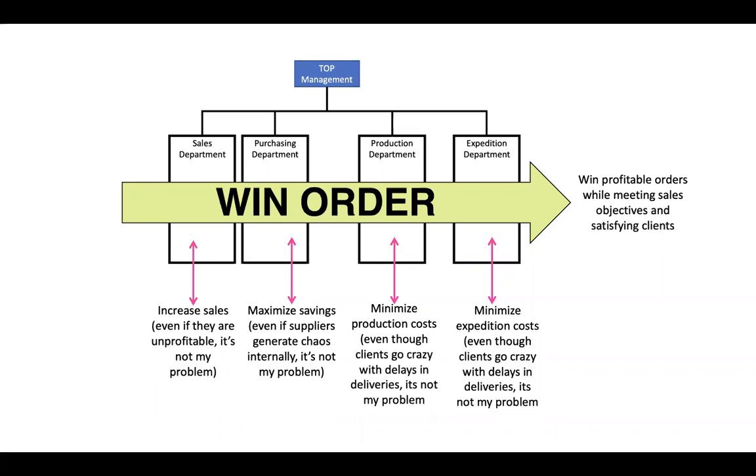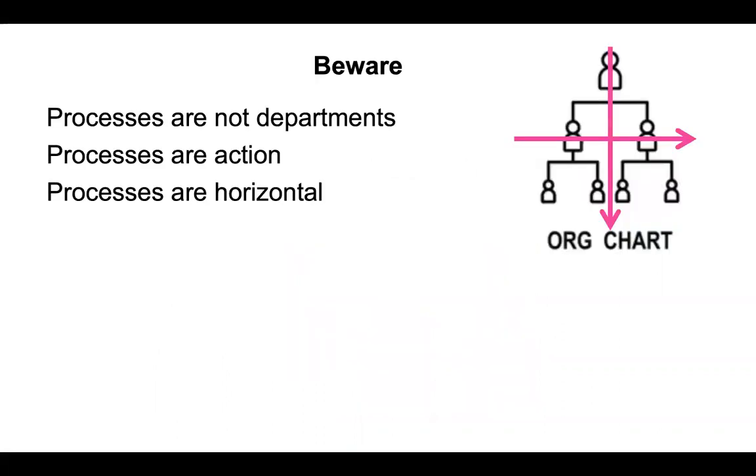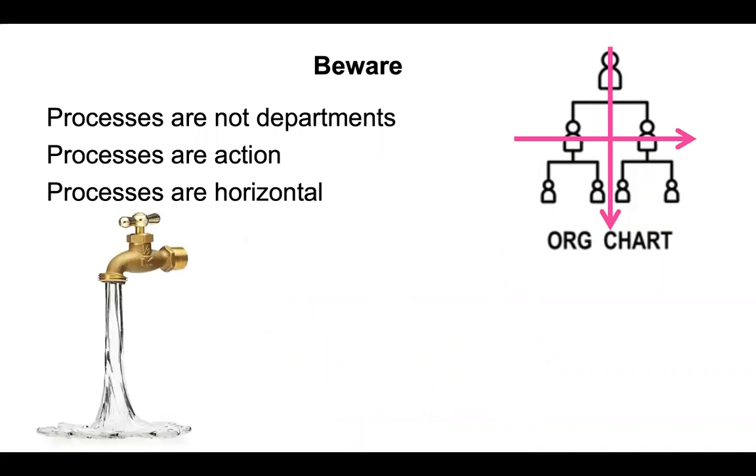Now, beware. Again and again, I see organizations that design processes, call them processes, but are talking about departments. Process is a flow of actions. Processes are horizontal. Just imagine you are receiving an order and you are an electron riding that order.